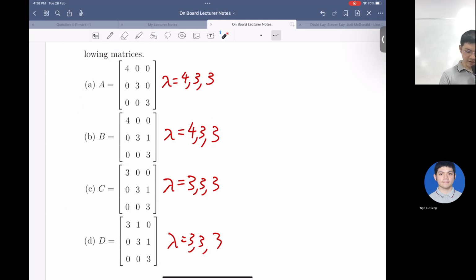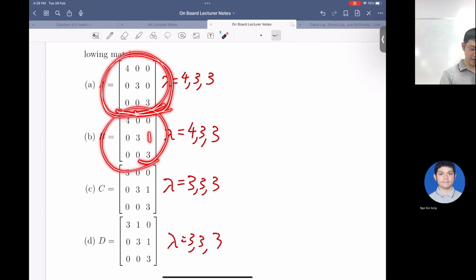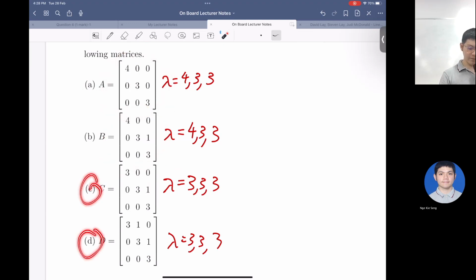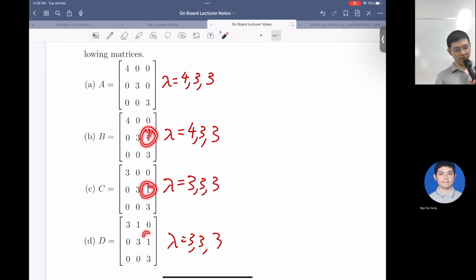The difference is that I have a 1 here, so this is a triangular matrix, not a diagonal matrix, with a 1 on the off-diagonal term, but for C and D, we have 1 on the off-diagonal term and 2 ones on the off-diagonal terms. If you are familiar with row reduction, you will know that this will affect your dimension.